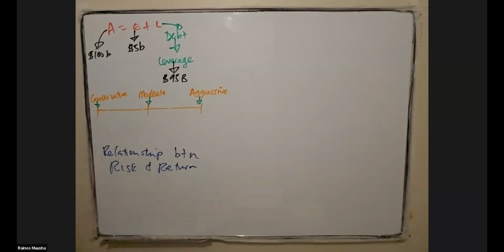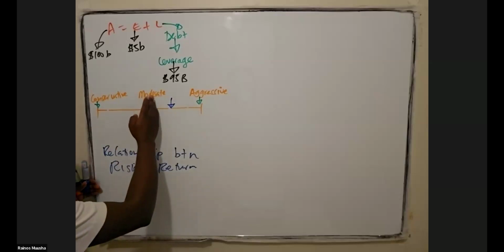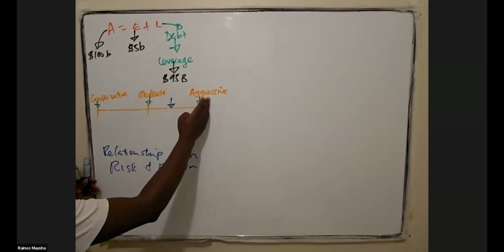So because of this relationship between risk and return, the management and the executive are going to say, we have now made our decision because we are trying to pursue a certain amount. We want to increase our returns, increase our earnings per share, whatever it is. Maybe we can pursue this investment, which is between moderate and aggressive risk rating.